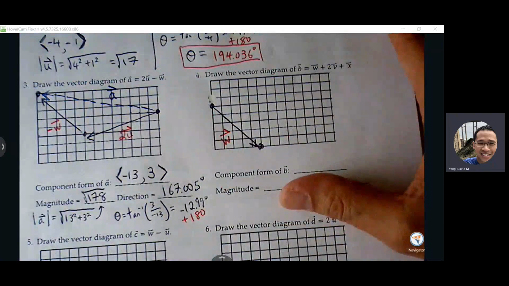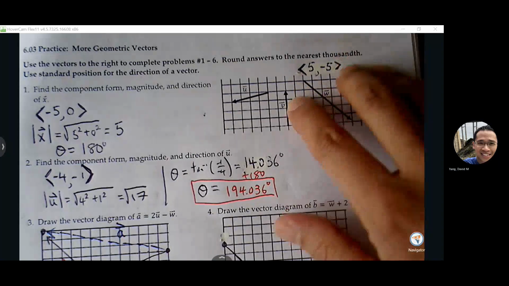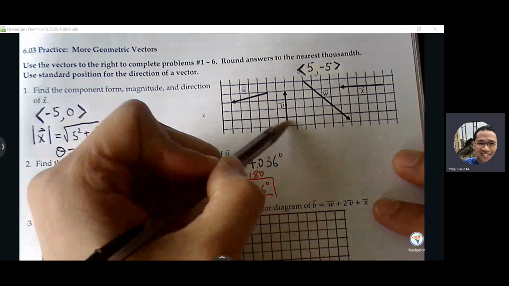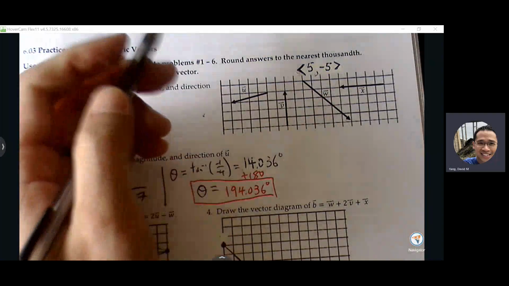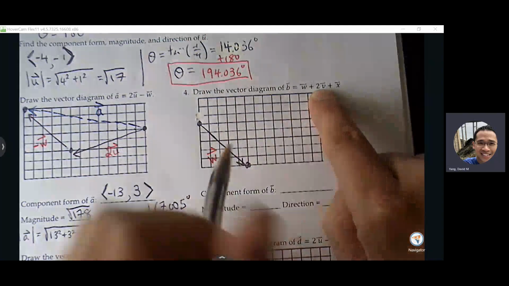Plus 2V. So V is up 4 units. So that means I'm going to go up 8 units, because V is 4. So double that, I get 8.